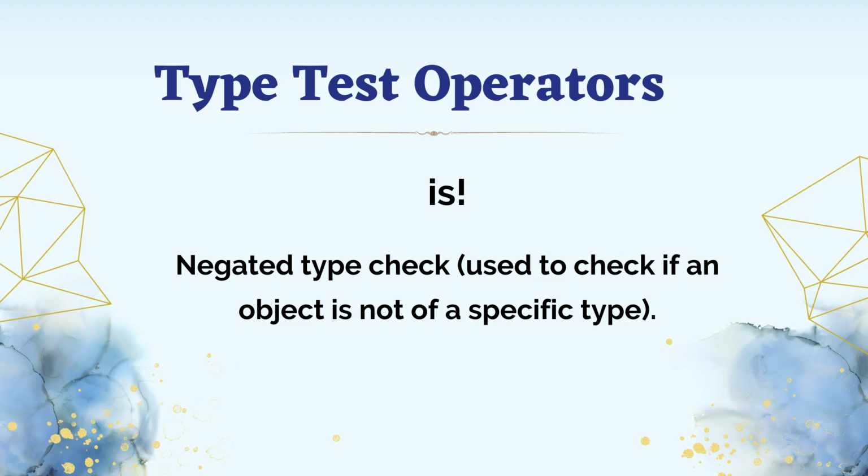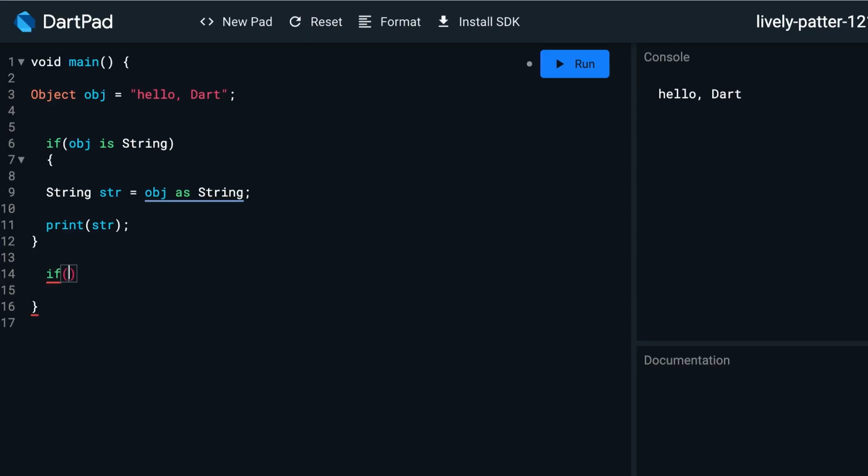Is not, negated type check, used to check if an object is not of a specific type. Here, we check if the object is not an integer. If it's not, we print object is not an integer.